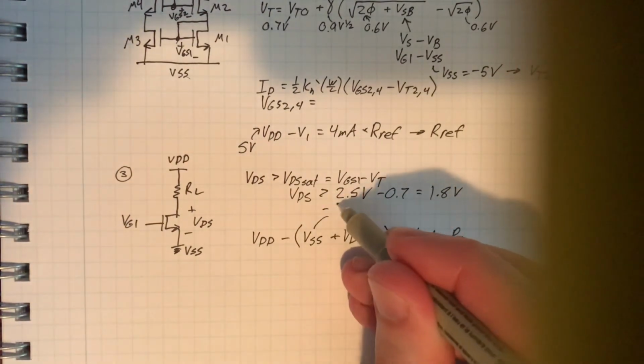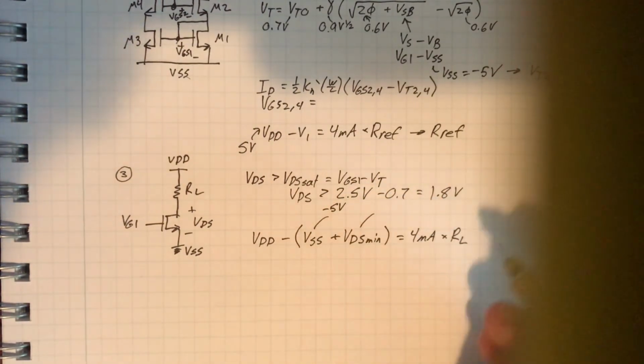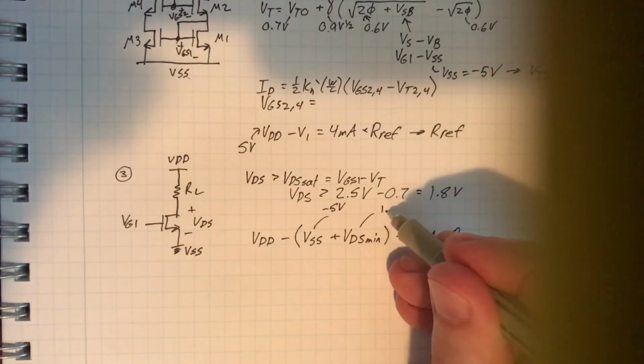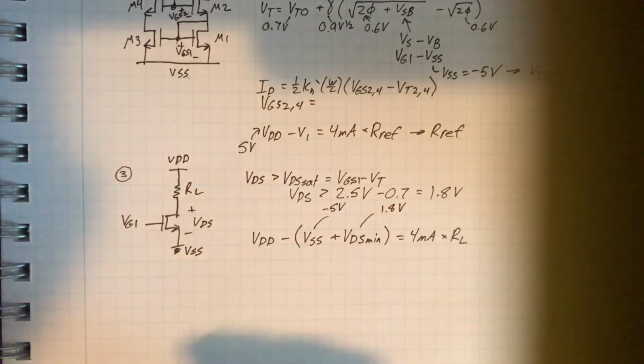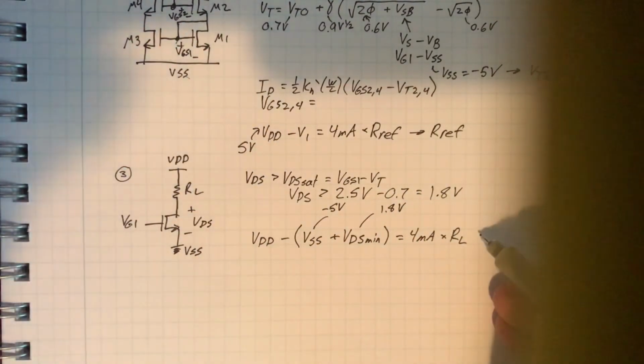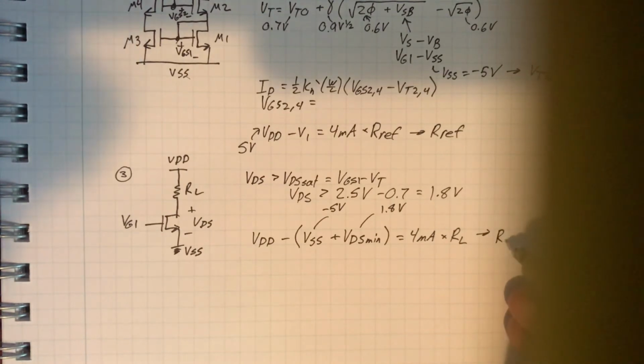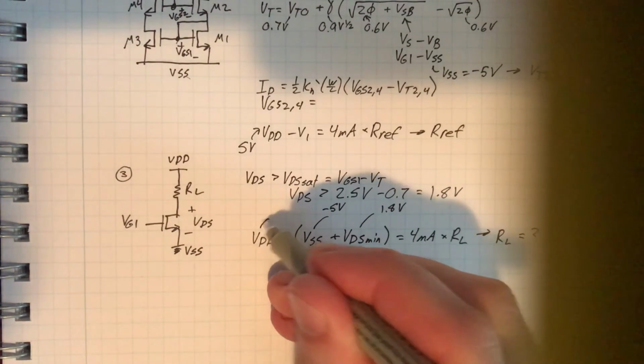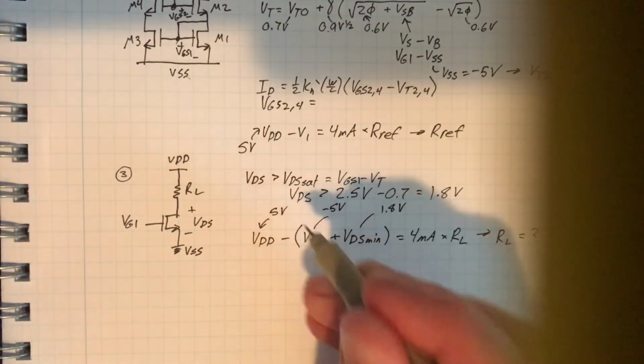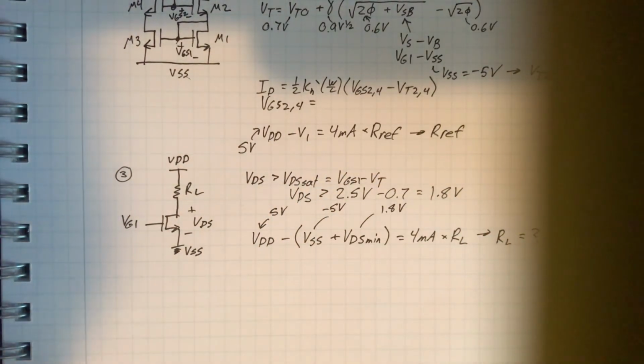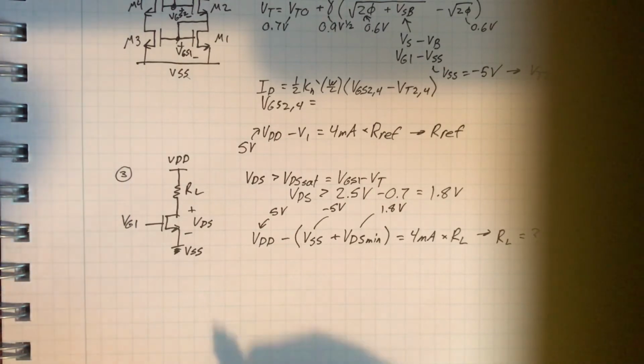VSS is minus 5 volts. VDS min is 1.8 volts. And so you can solve for RL from there. So that's not too bad.